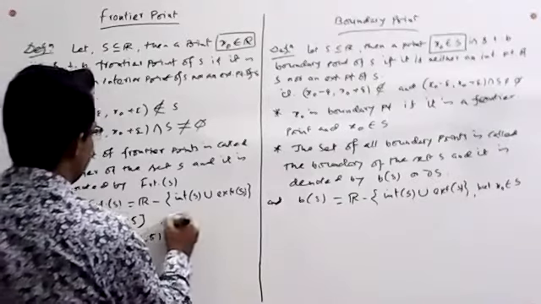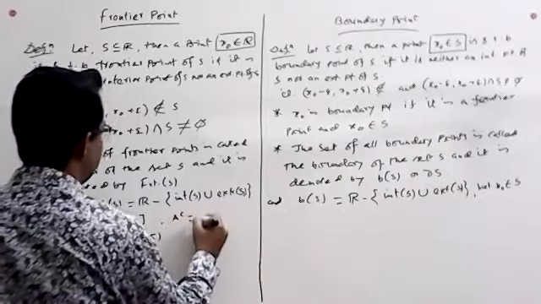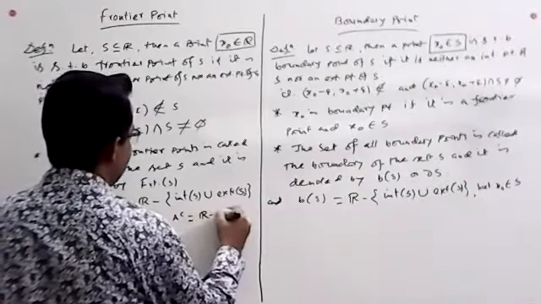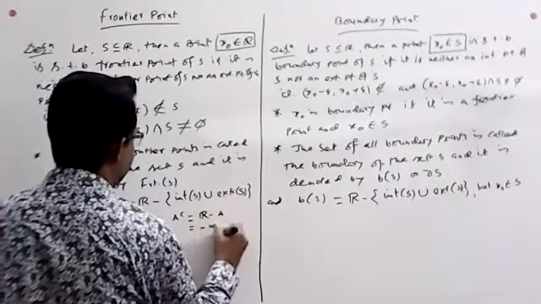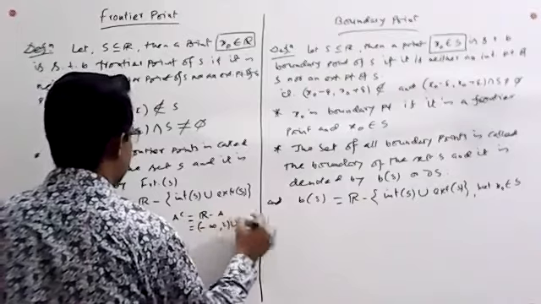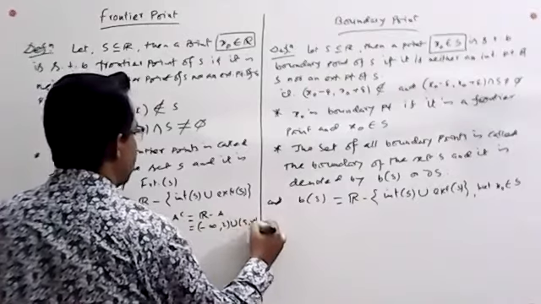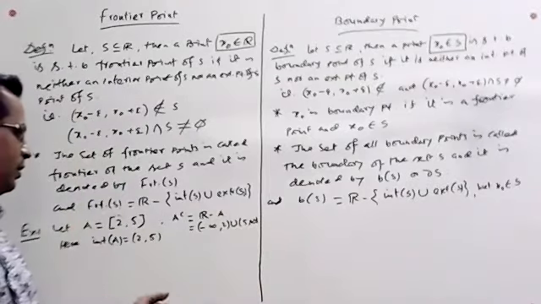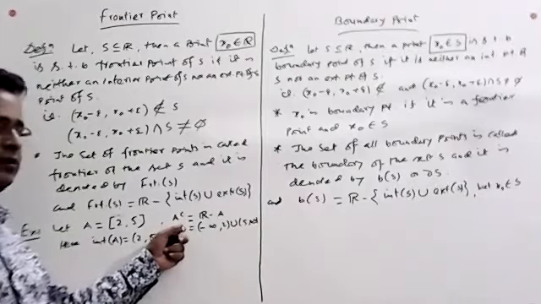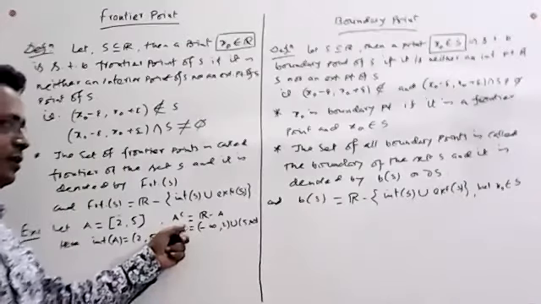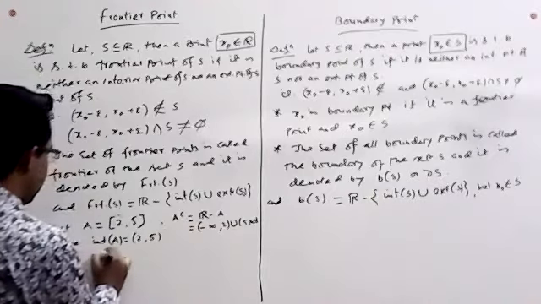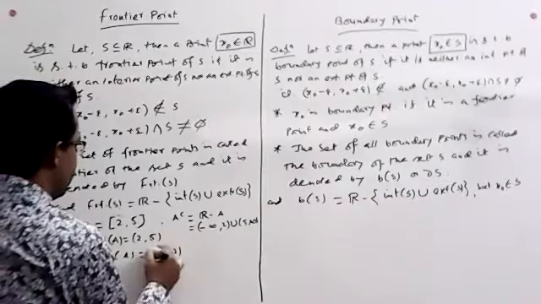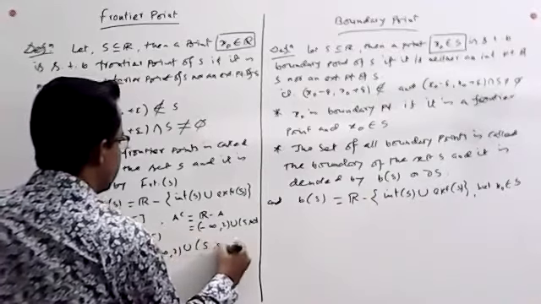And since A complement equals R minus A, that is minus infinity to 2 union 5 to infinity. Since this set is open, we know that this complement is the exterior of the set. That is, exterior of A is minus infinity to 2 union 5 to infinity.